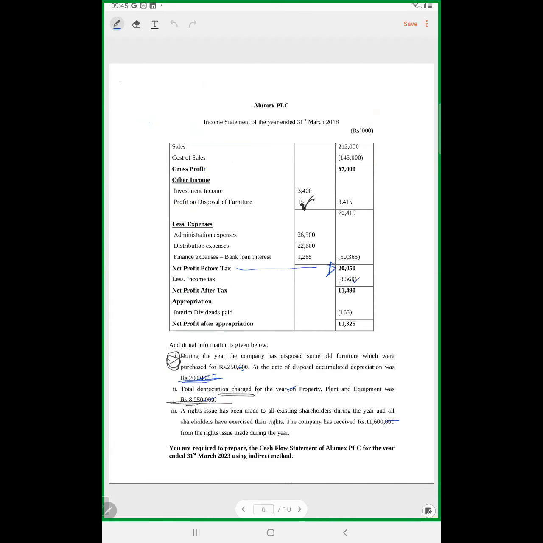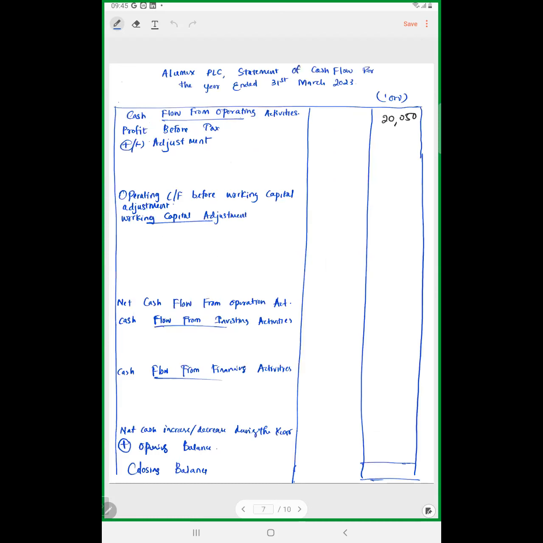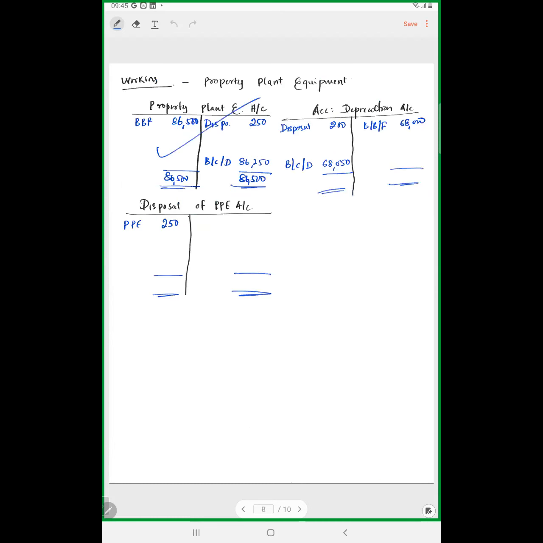Where do we credit that amount? You remember we discussed the property, plant and equipment standard as well. So where do we record that amount? The depreciation. So we have to credit into the account of disposal of property, plant and equipment. Yes, accumulated depreciation 200.